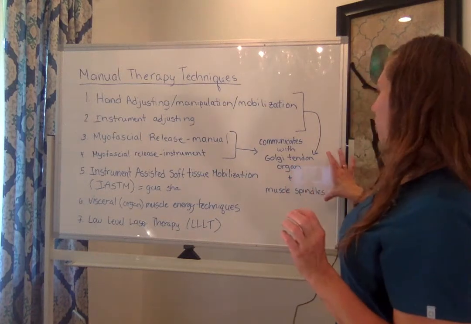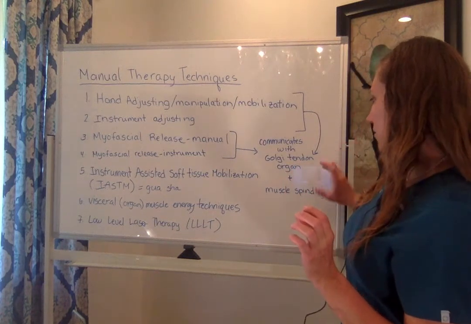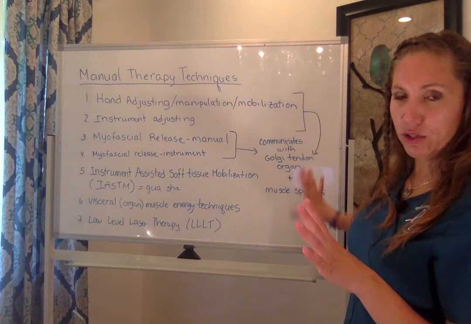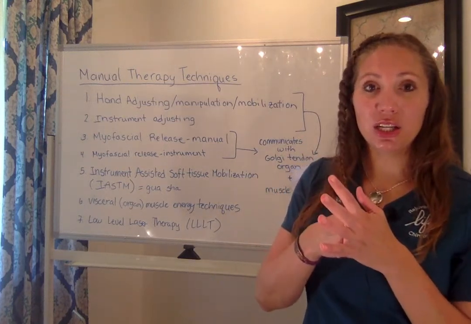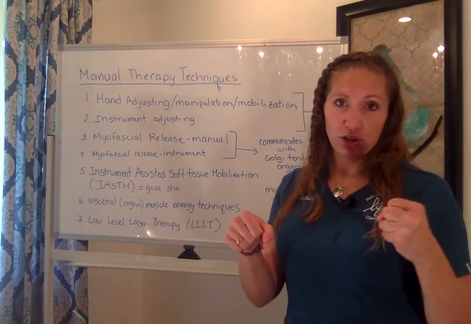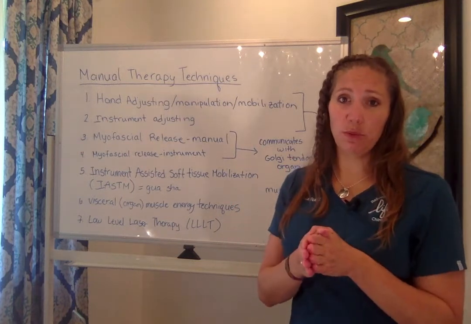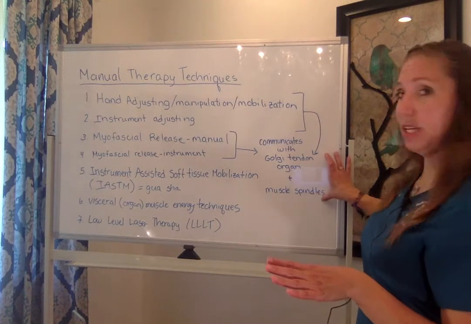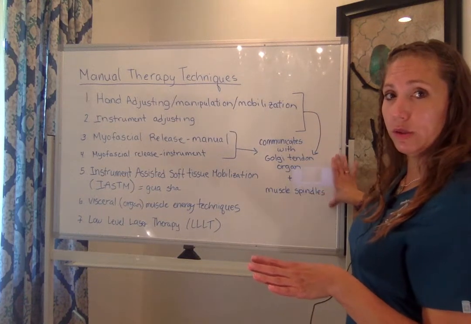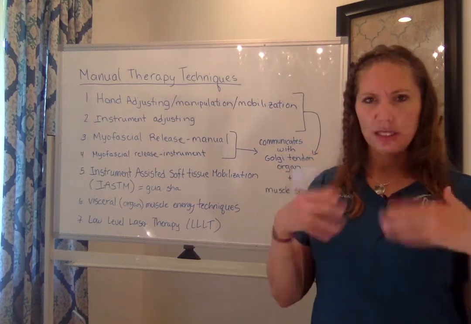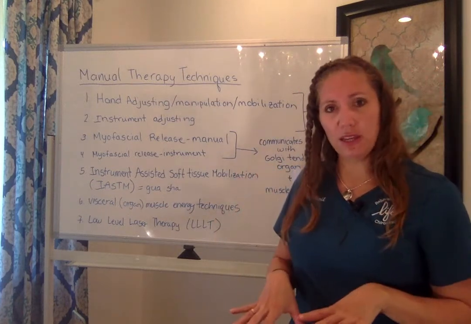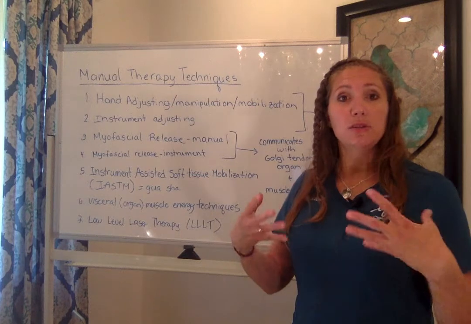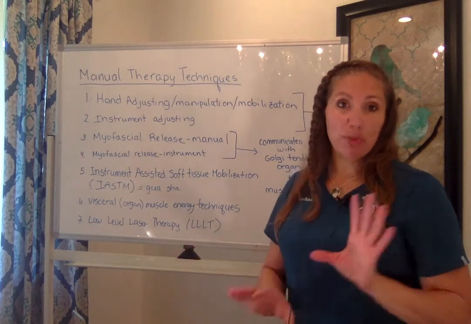The Golgi tendon organ and muscle spindles, both of these receptors are going to sense either tension or stretch. So the techniques that we use focus on communicating with those things. When we use that type of communication, we send a message up, the brain interprets it, and then it's going to change something, either internal organ-wise or muscle-wise, to help us.